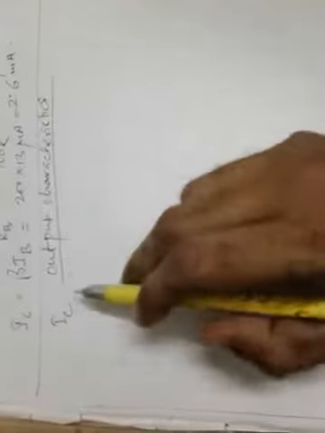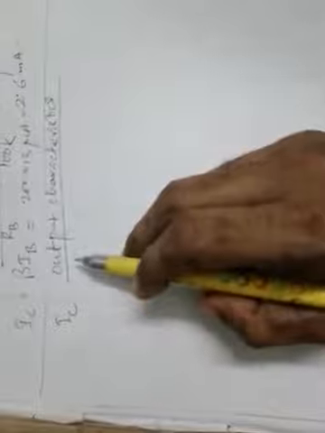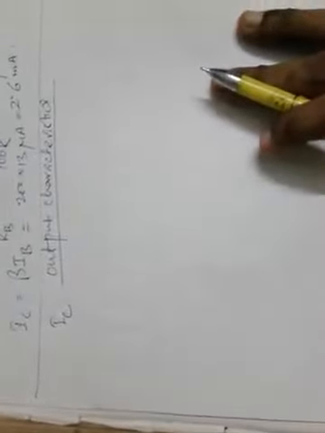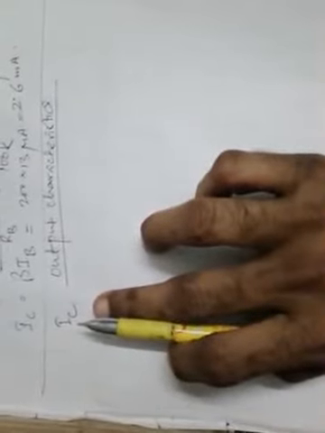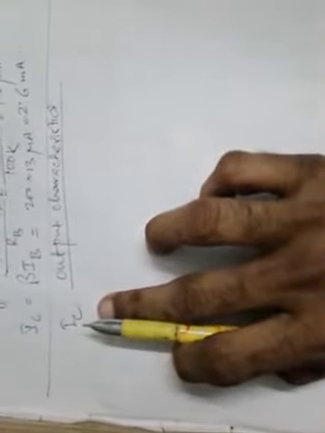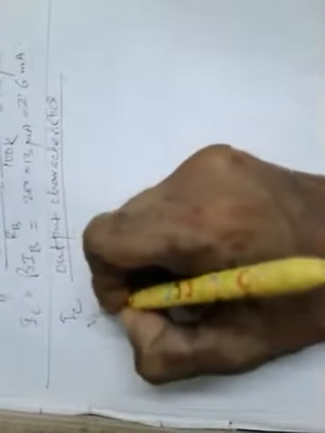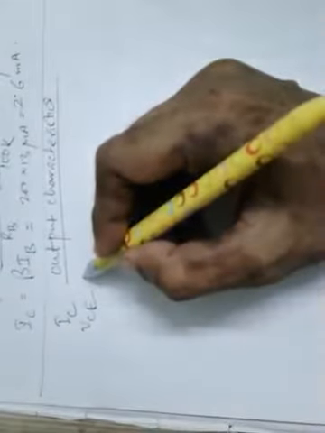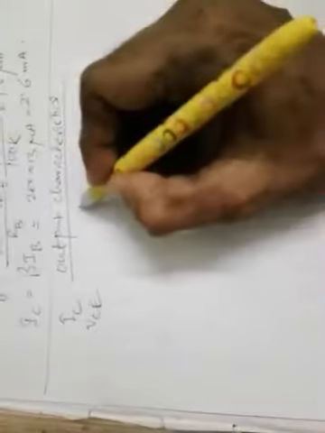For common emitter mode, output is taken from the collector with reference to the emitter, because emitter is common or grounded. So IC is the output current, plotted against the collector to emitter voltage VCE, and the parameter is taken as the input current, which is the base current IB.